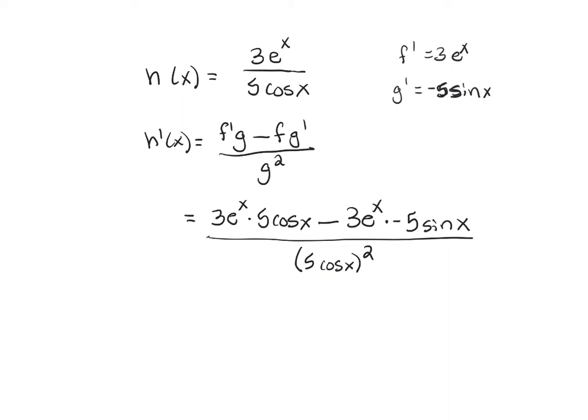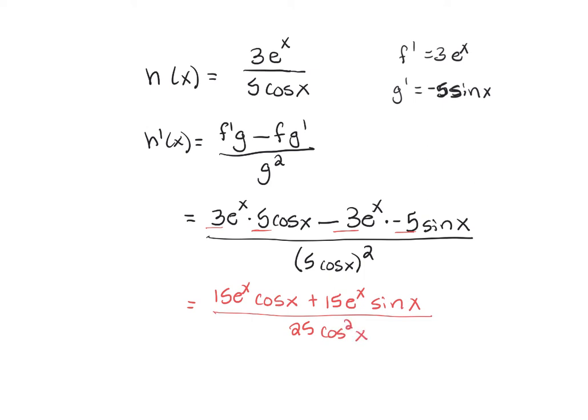Okay, so let's see how we can simplify. Here I've got this 3 times 5, and then a negative 3 times negative 5. So 15e to the x cosine x is going to turn into plus 15e to the x sine x, all over 25 cosine squared x.